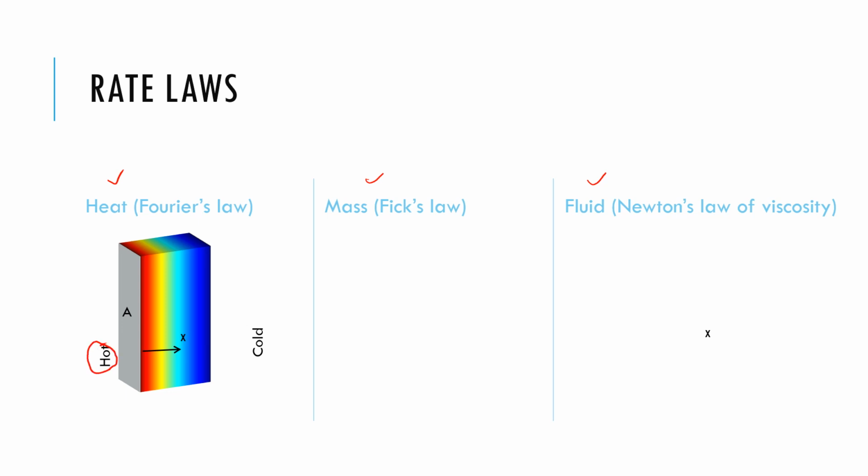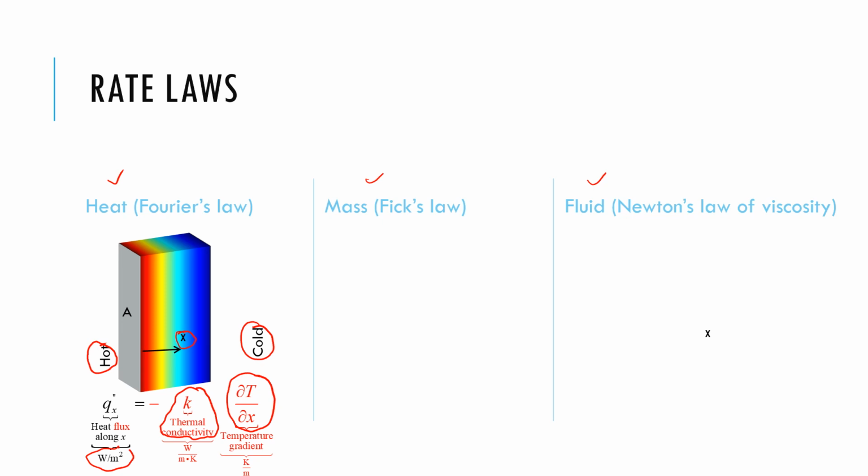Let's start with heat conduction. Say we have a hot side and a cold side, and heat is conducting along the direction x. Then the heat flux along x in watts per meter square is given by minus k, which is a material property, times the temperature gradient.